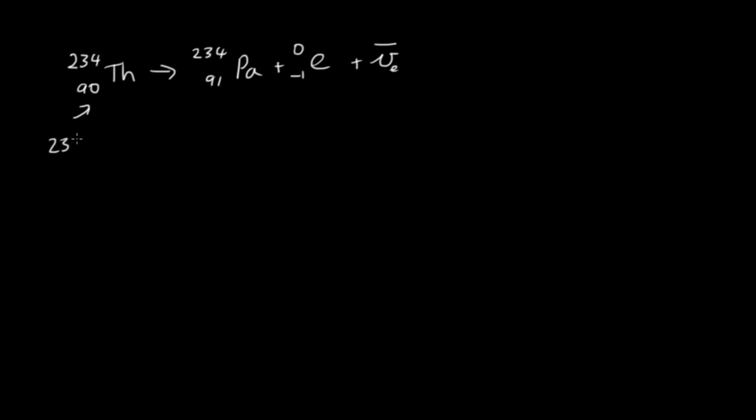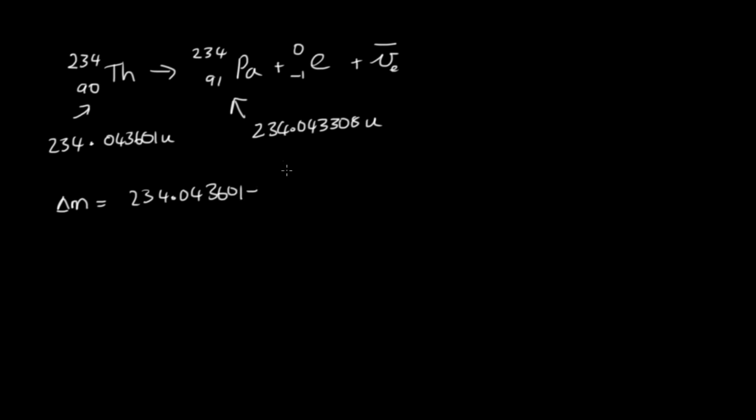Okay, so the information that we need is that the mass of this thorium isotope is equal to 234.043601 u. And for protactinium, the mass of this isotope is equal to 234.043308 atomic mass units. So the change in mass is equal to 234.043601 minus 234.043308, and this is all in atomic mass units.